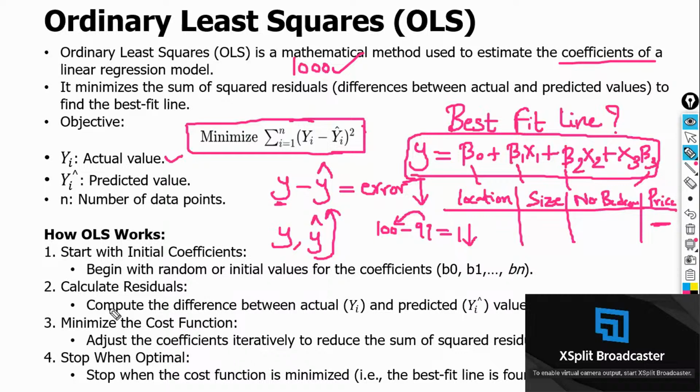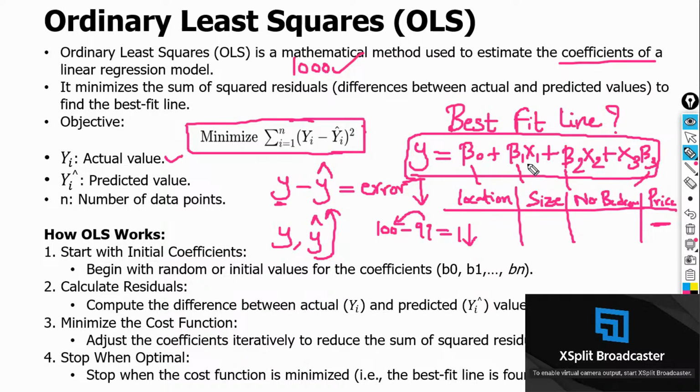Now we'll understand how OLS works step by step. Start with initial coefficients. That is what we discussed. The coefficients of these independent variables will begin with random or initial values. Some random values will be assigned to the coefficients. Then what happens? It calculates residues. Once the equation is ready, it passes all the inputs. X1, x2, x3 will be passed.